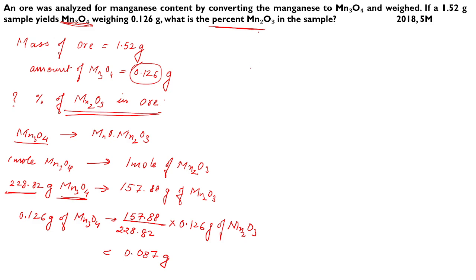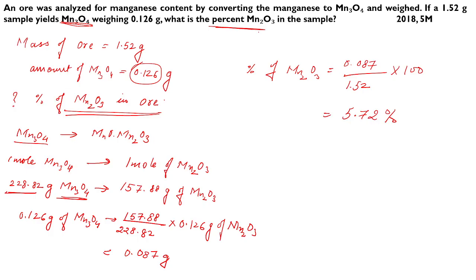So how we are going to solve this? Percentage of Mn₂O₃ is equal to, this is the amount 0.087 and the amount of total ore 1.52 multiplied by 100, and if you solve this, the answer is 5.72%.